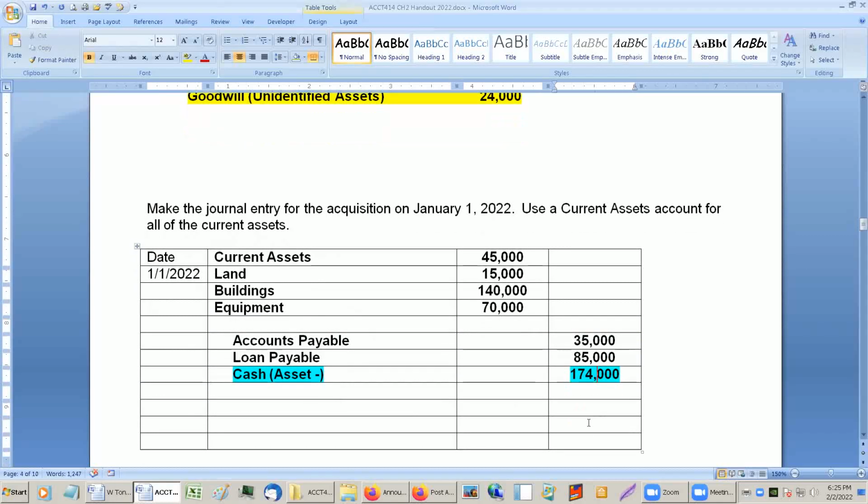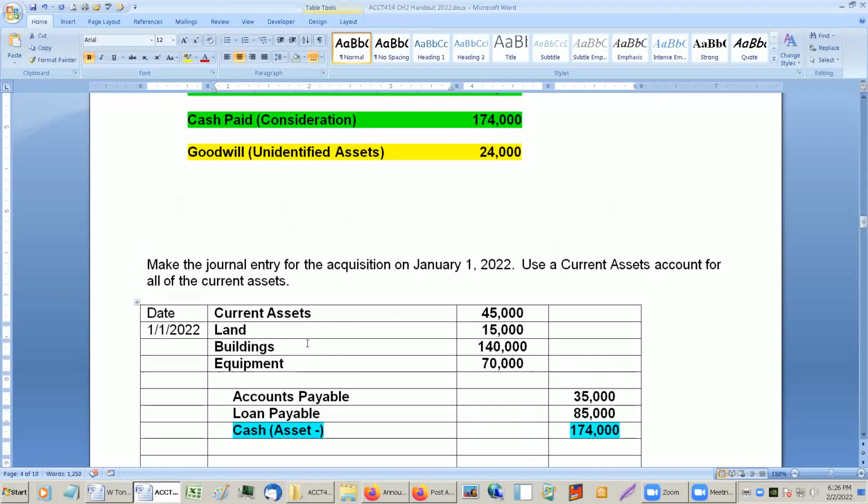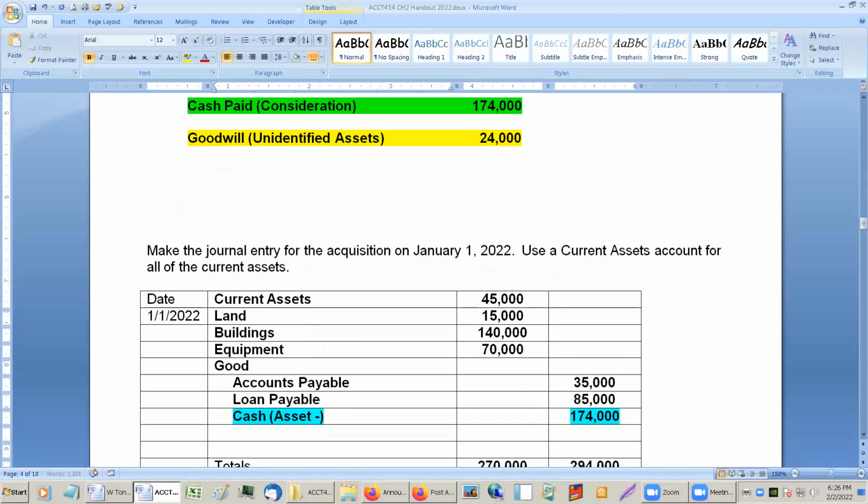Okay, now notice if we add up both sides, oops, this isn't going to balance out. That 120. And that's because we need to put that goodwill on the books. So the goodwill, 24,000 on the books.